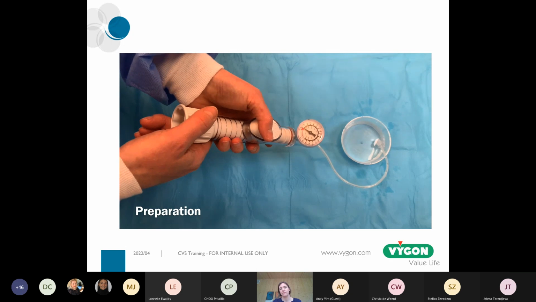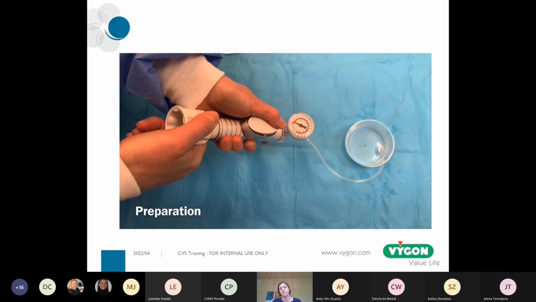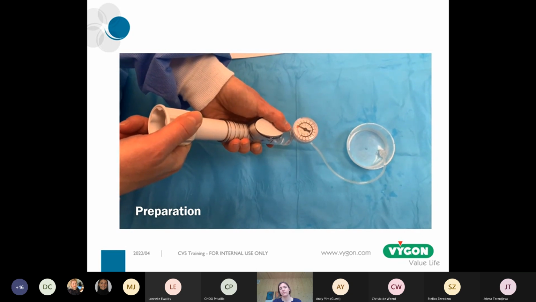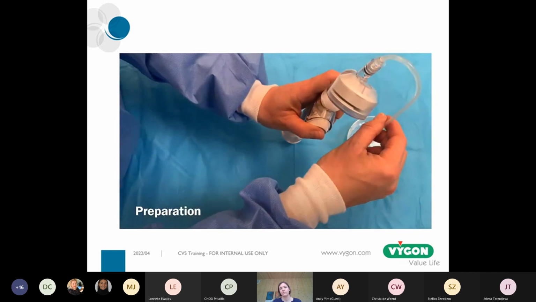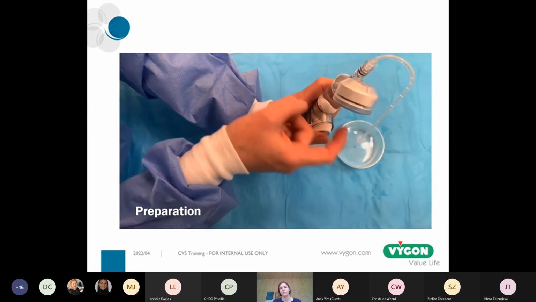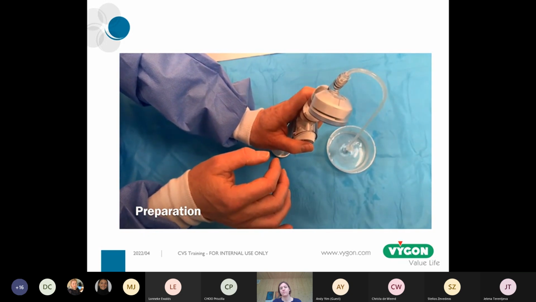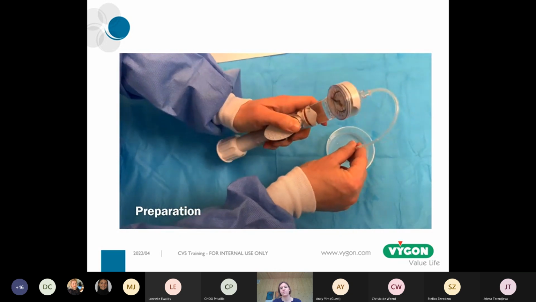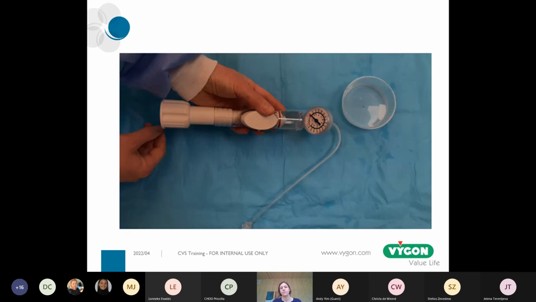First, unlock the device. Position the device downward, pull the handle and fill the device with a mixture of contrast media and saline solution. Orientate the device upward and remove bubbles by pushing the handle. Then, lock the device. The Flamingo is ready for inflation.